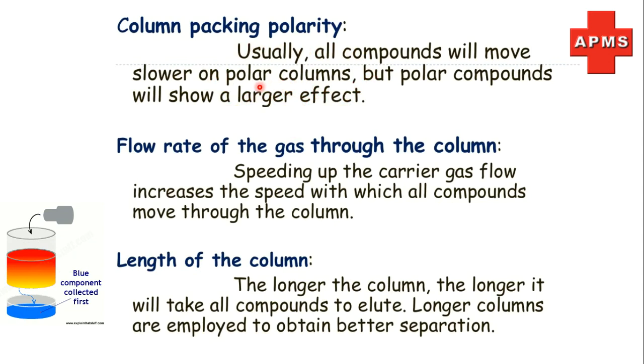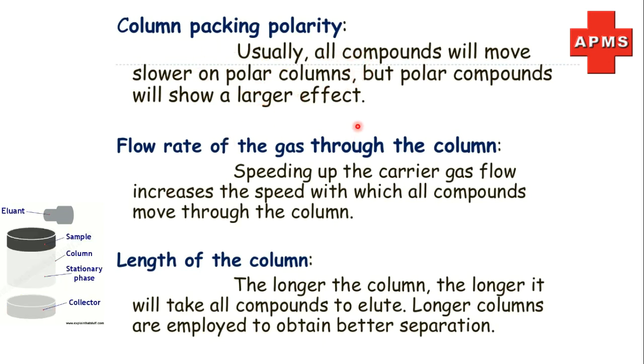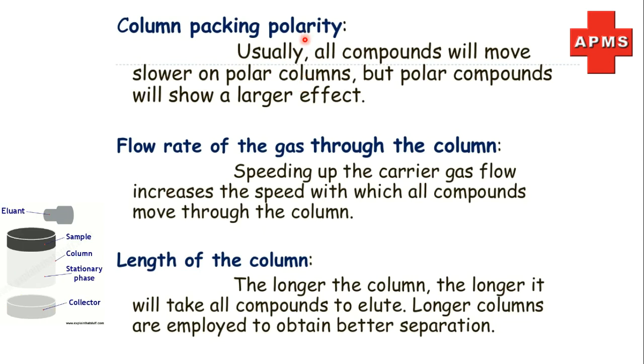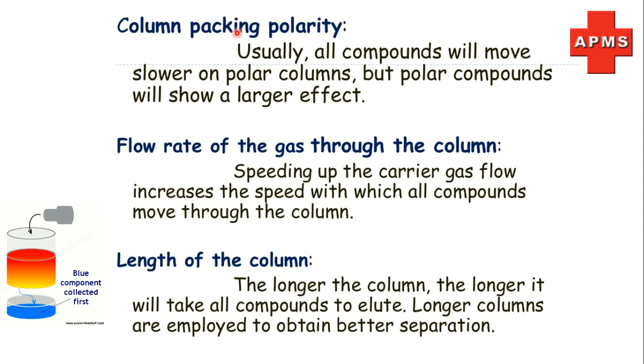So polar columns generally retain or slow down the speed of polar components, and non-polar columns slow down the speed of non-polar components of the sample. So this depends on the column packing polarity, because these are packed columns filled with the stationary phase. The polarity of that stationary phase decides which component will move faster and which will move slower inside the column.